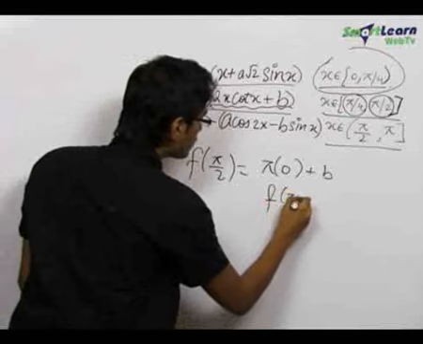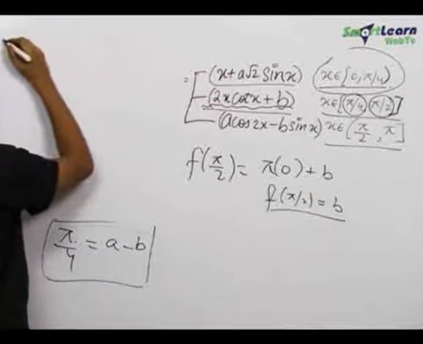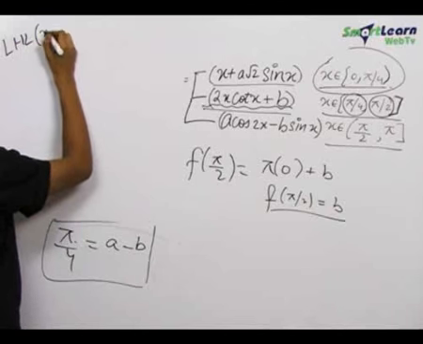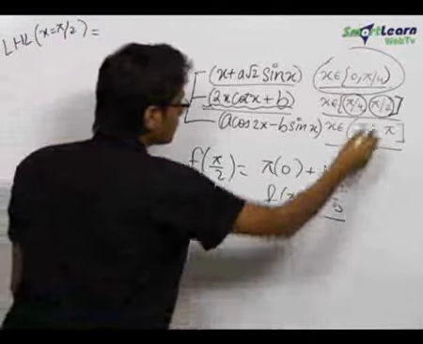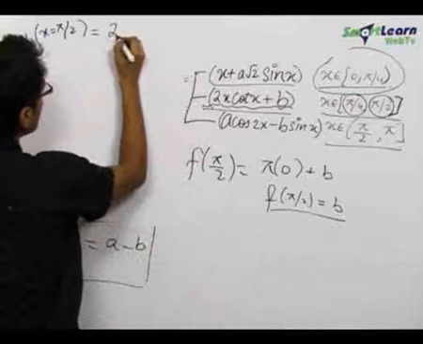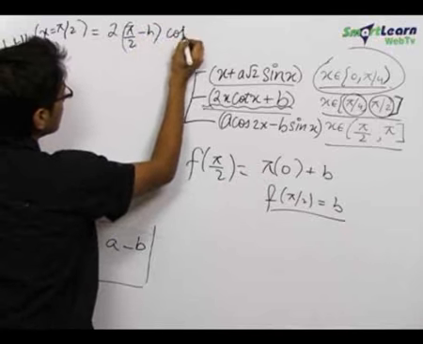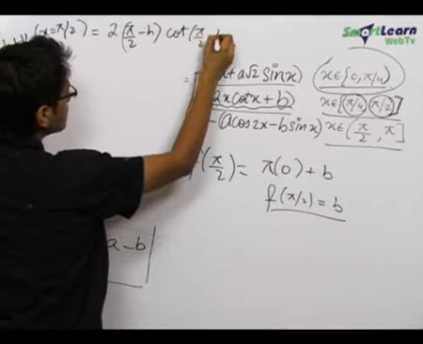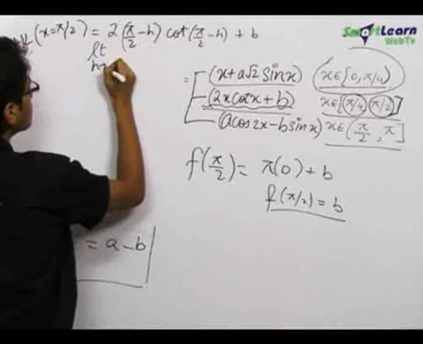So f of pi by 2 is equal to b. Now the left hand limit at x equals pi by 2, so 2 into pi by 2 minus h, cot of pi by 2 minus h plus b, limit h tending to 0.